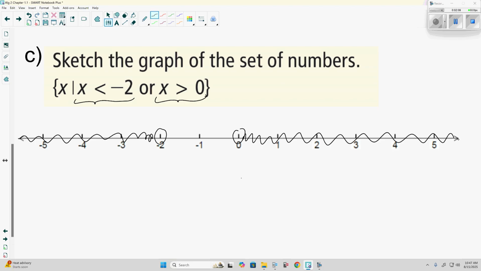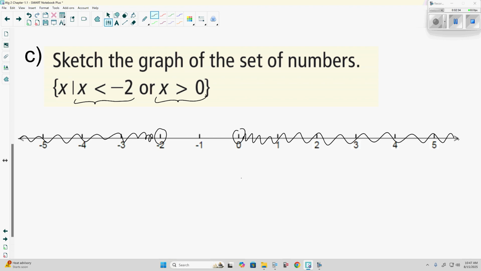It has to be both. It has to make both statements true. Because just because it makes one statement true does not mean it will always make both. So the and statements we do have to be careful with. Most of the time when that comes up, we're talking about absolute value inequalities, where we have two statements and we're just trying to see where is the overlap. But any questions on C?